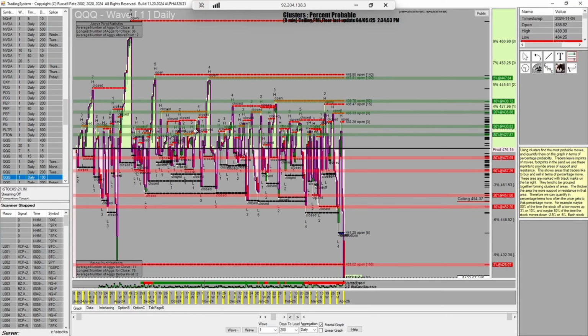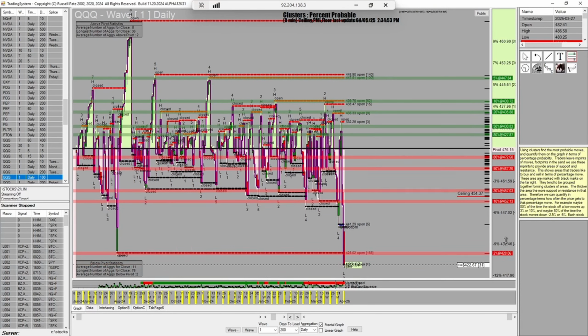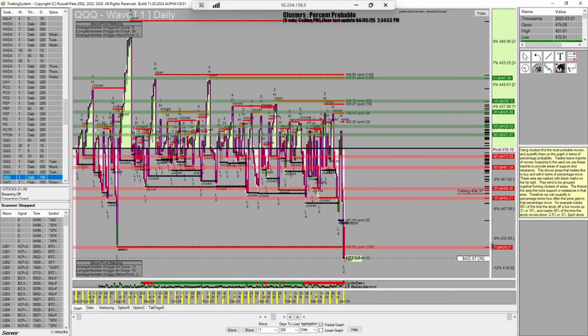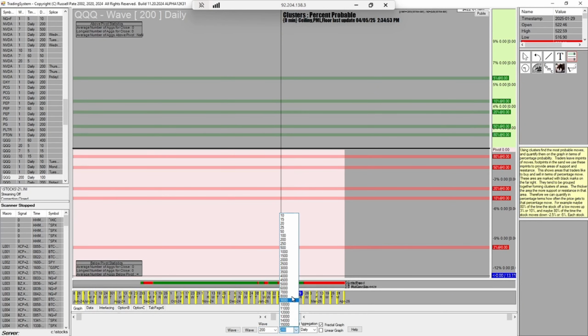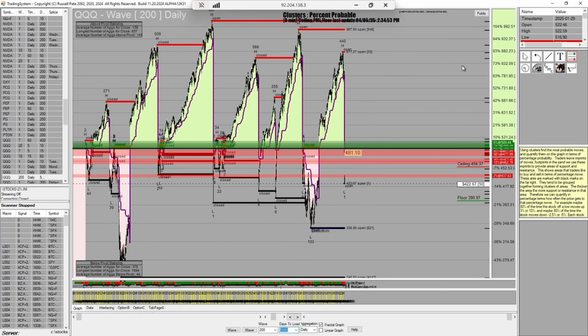On the shorter waves, we're constantly going back and forth. So I'm looking at where are we going today, tomorrow, possibly the end of this week. And we're going to just pair that with all the things we're looking at, like clusters, percent odds, vector, whatever it may be. And then on the larger time frames, we'll just go from the smallest to the biggest. You'll start to see that we have way more trends, year-long trends on this.